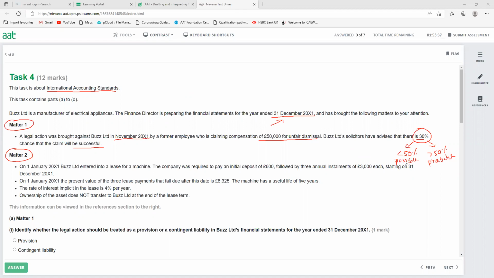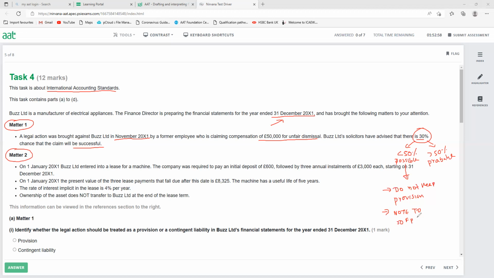Now, if it is possible, that is a chance of less than 50%, remember that we do not keep a provision. Instead of keeping the provision, what we do is just make a note to the SOFP.